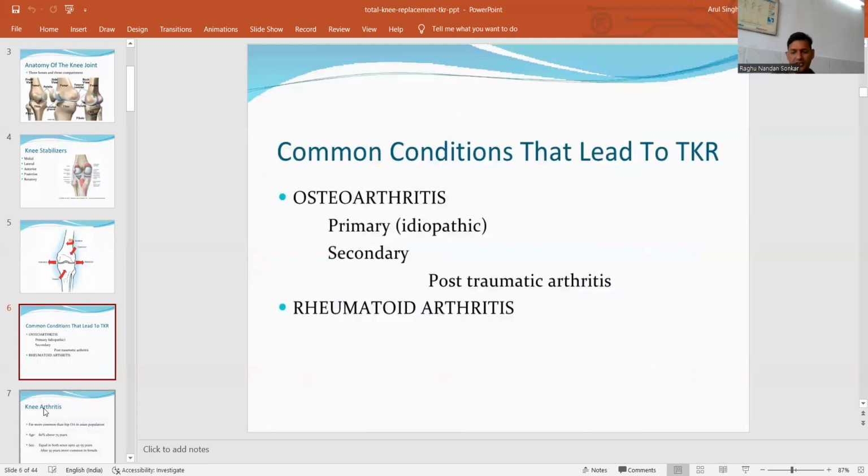Common conditions that lead to TKR: osteoarthritis, primary and maybe secondary, such as post-traumatic arthritis, and the systemic cause is rheumatoid arthritis.